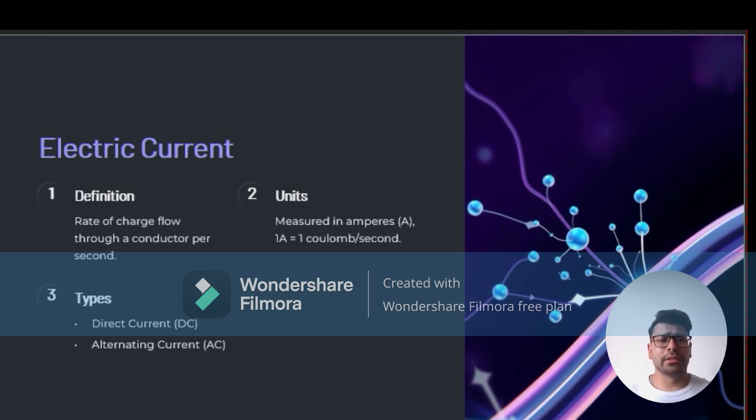The elementary unit of electric charge is the electron, which carries a charge of 1.602 times 10 to the minus 19 coulombs.